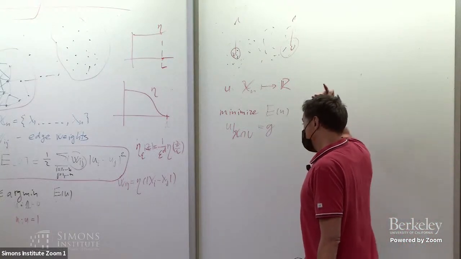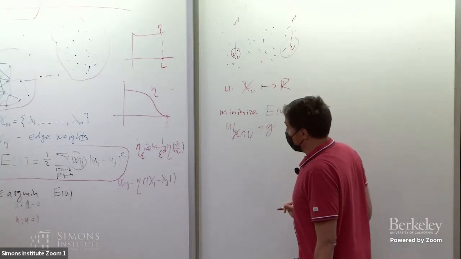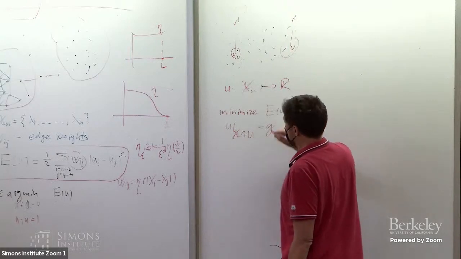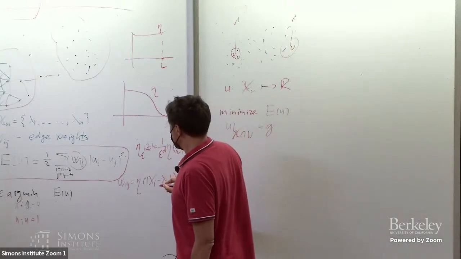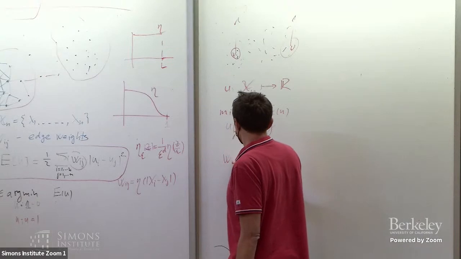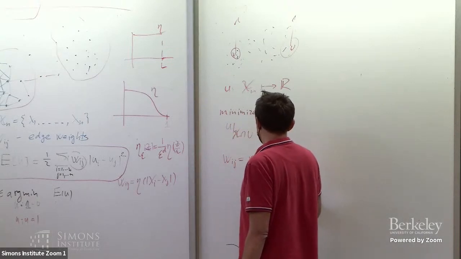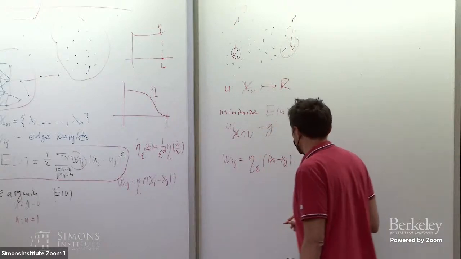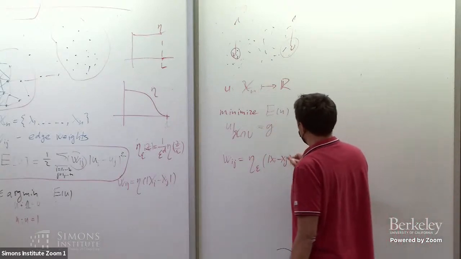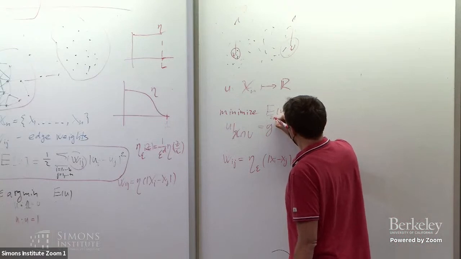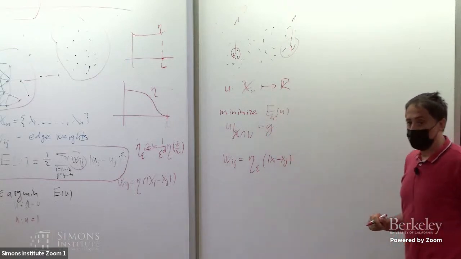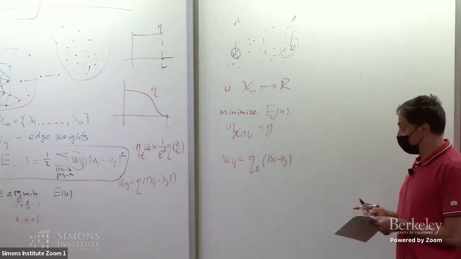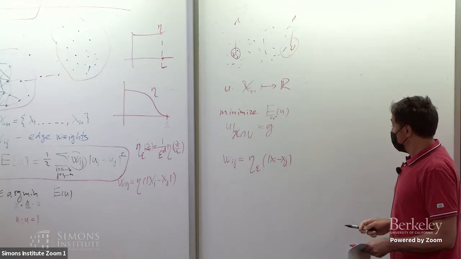And I would like to highlight that if I use W_ij equal to eta epsilon of xi minus xj, these are the weights that I'll be using, then it makes sense that I add indices epsilon and n to my energy, because given a number of points, my energy is going to be taking a different shape.